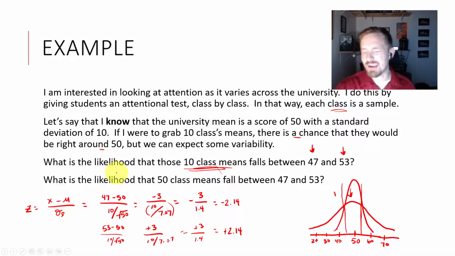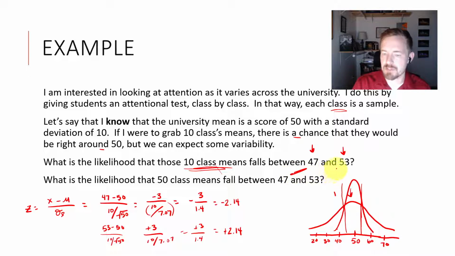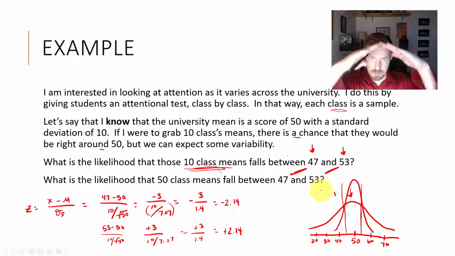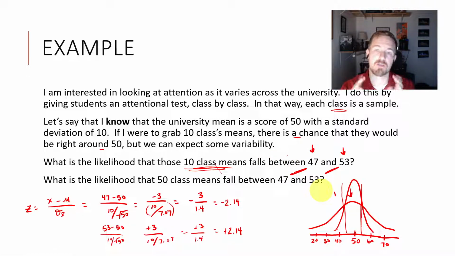So you may say, wait a second, these are the exact same numbers. Why are these z-scores different? The reason is that the shape of the distribution changes depending on how many samples you acquire. Here, because we've acquired more samples, we're having this really skinny curve.